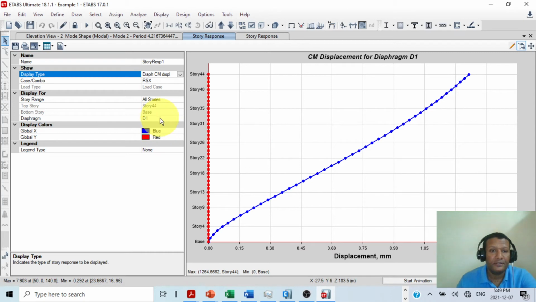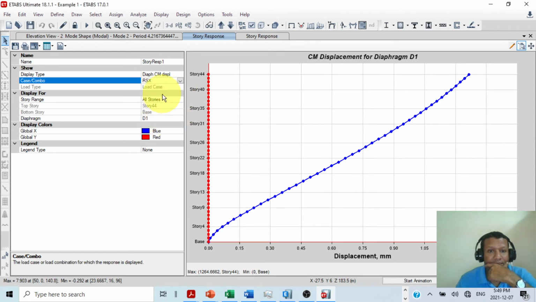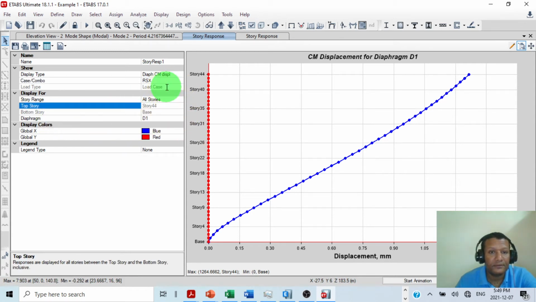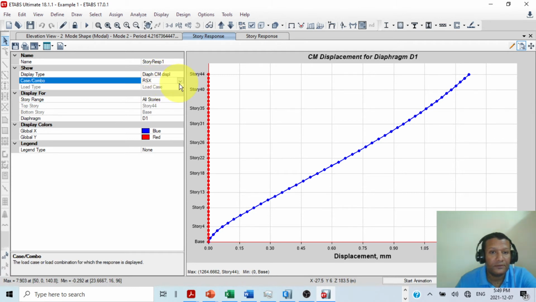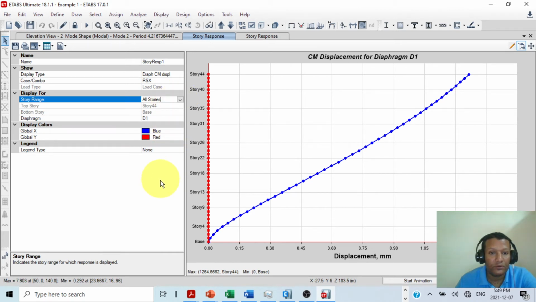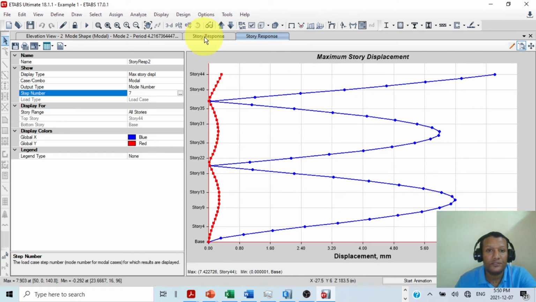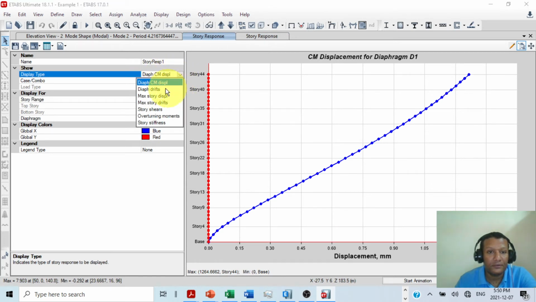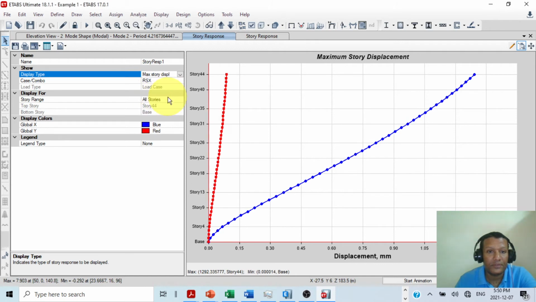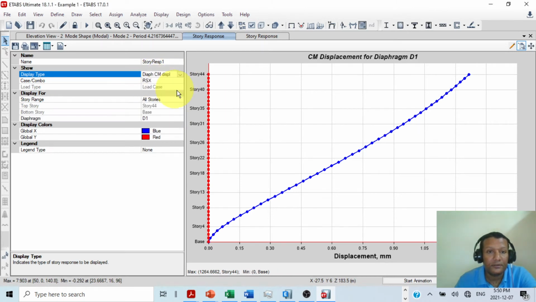So if you go here, name RSX, yes, this is RSX, story range all, okay, story responses, maximum story displacement, next, and this one.